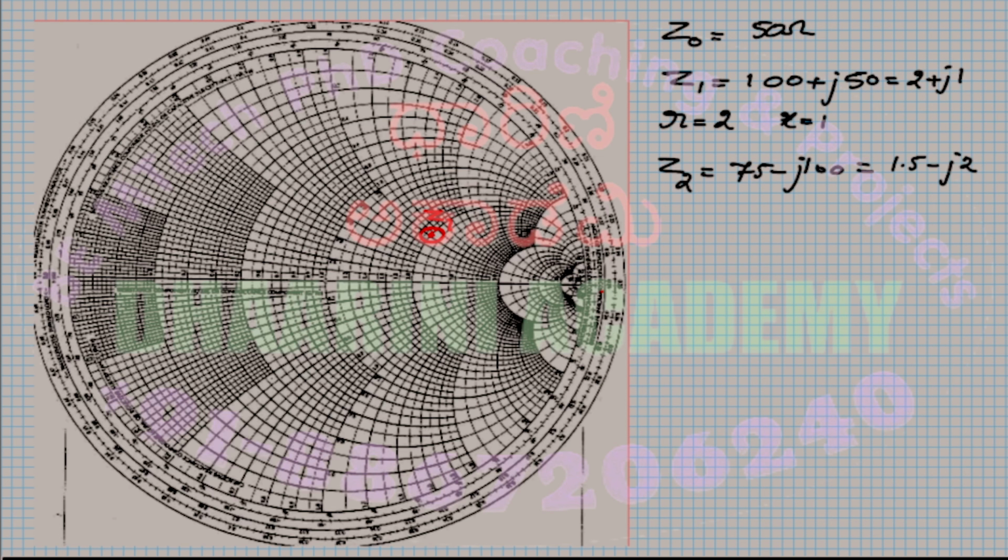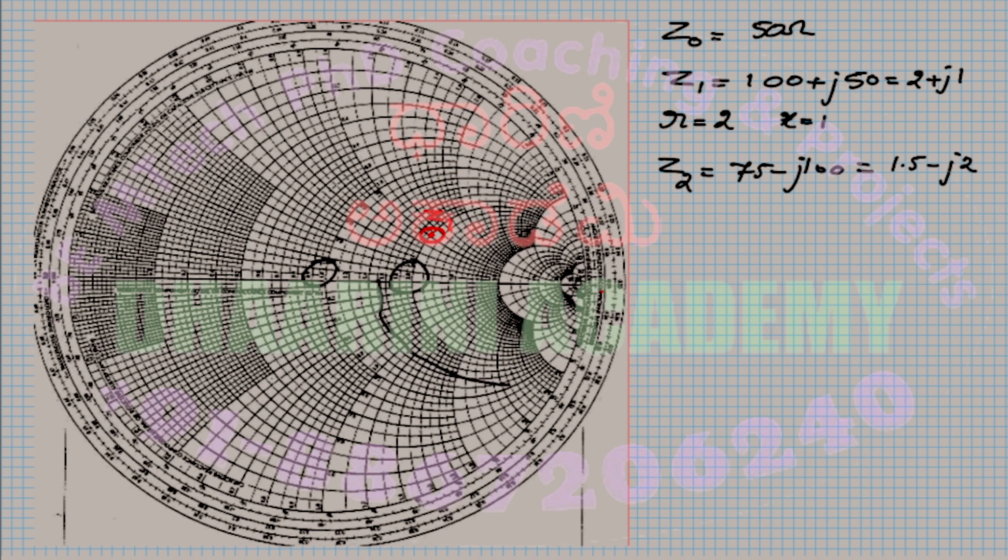So 1.5 is the value of R. I can see that this is 2, this is 1, so between them, somewhere here, I have a 1.5 circle.